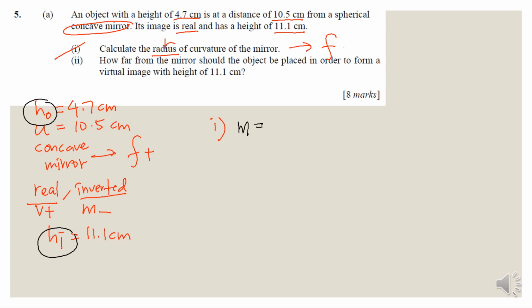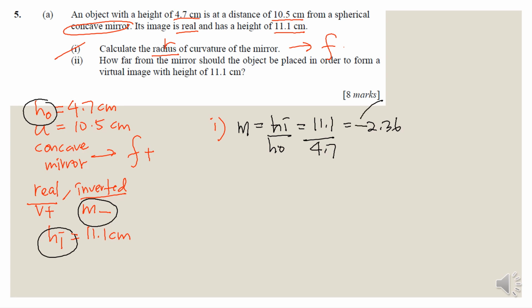Okay, magnification is equal to high image over high object. So kita akan dapat 11.1 over 4.7. So awak akan dapat 2.36. Okay, kita ingat tadi M tu, the image is real dan mestilah inverted. So inverted M kita mestilah negatif.